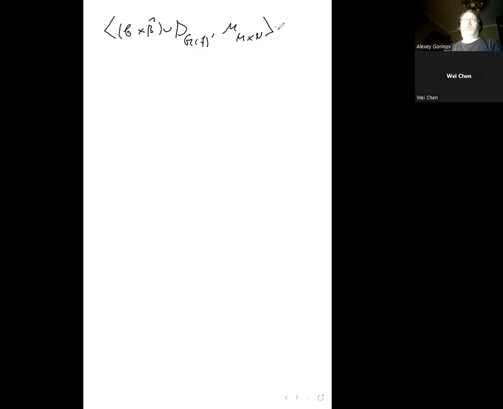Well, then this is the same as plus or minus b cross beta roof, mu of the product, cap D of the graph.